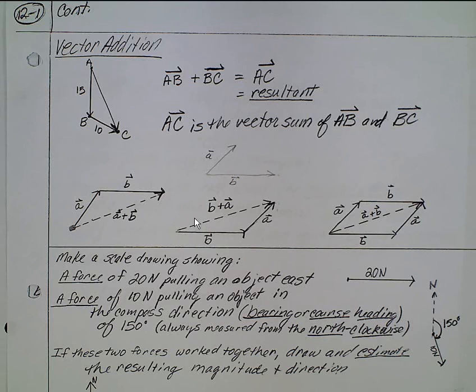They are the same. But notice you still follow vector B plus vector A. If you drew them into a parallelogram, you can see A plus B is the same as B plus A.